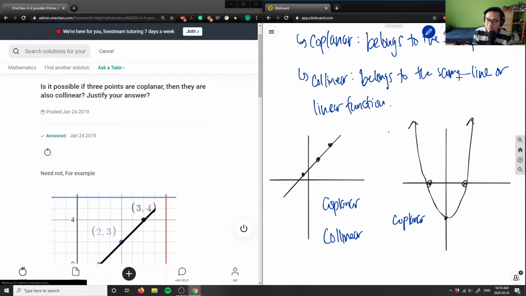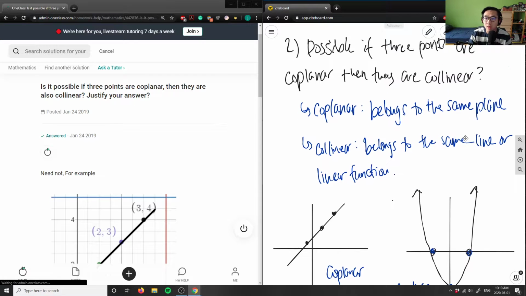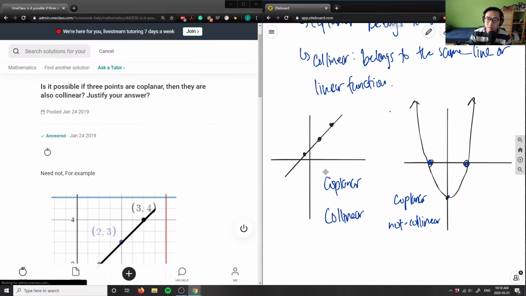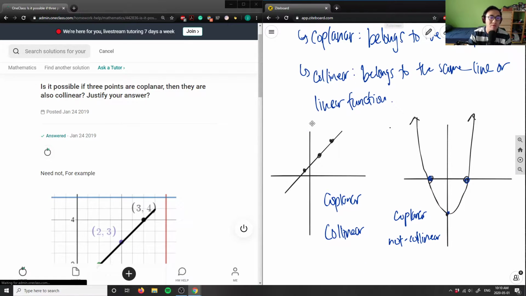As you can see here, I have 1 point here, 1 point here, and 1 point here. I can't make a linear function. It's not a constant slope, right? In this case, it's a quadratic function here. So these points would not be collinear. So therefore, is it possible that if 3 points are coplanar, then they are also collinear? It is possible, but not always the case.